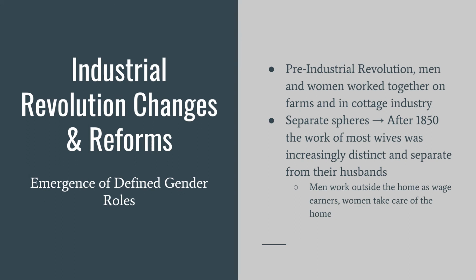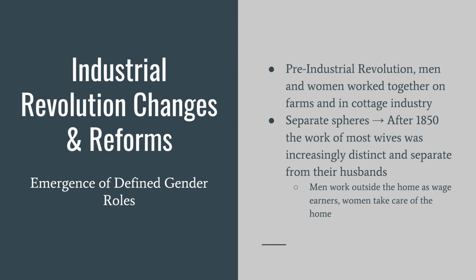The Industrial Revolution also starts to see defined gender roles begin to emerge. Now, in the rural countryside where you are working on a farm, you have a lot of people doing the same jobs and all working together to make this farm work.